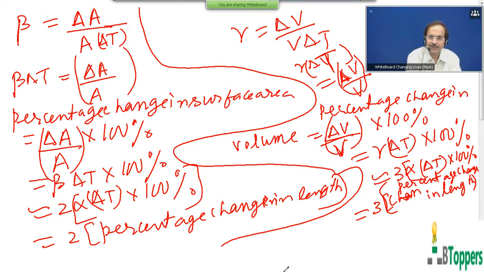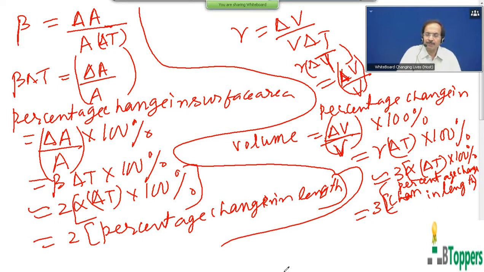And the percentage change in the surface area of the solid will be nearly 2 times the percentage change in the diameter. Of course, the percentage change in the moment of inertia of a uniform solid sphere about a diameter, when heated uniformly, will be the same as the percentage change in its surface area. It is 2 times the percentage change in the linear dimensions.